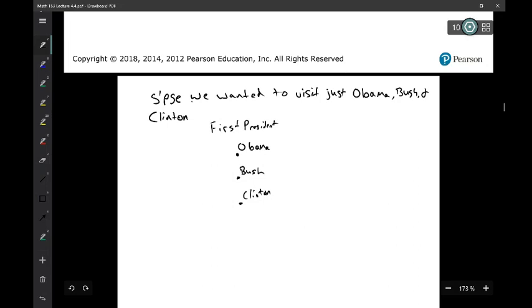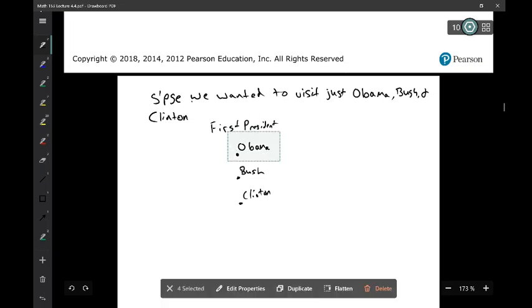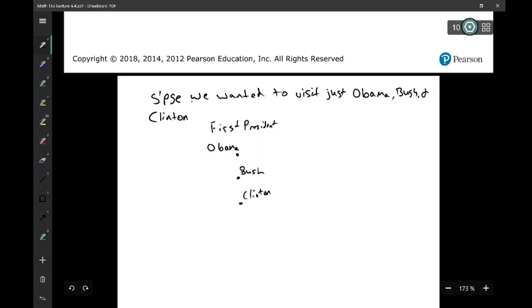Now, if you visit Obama first, then that would leave you with two possibilities for your second visit: Bush, Clinton.